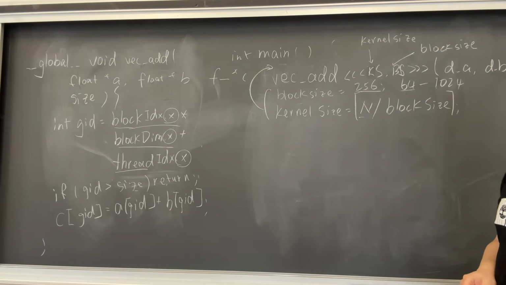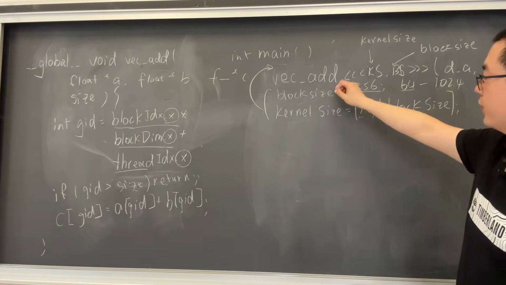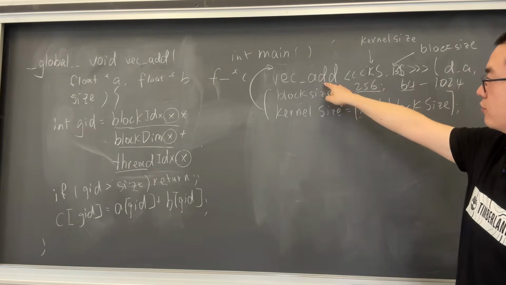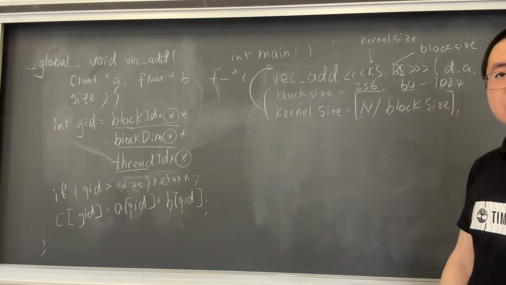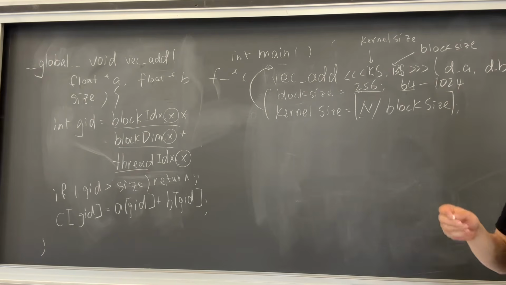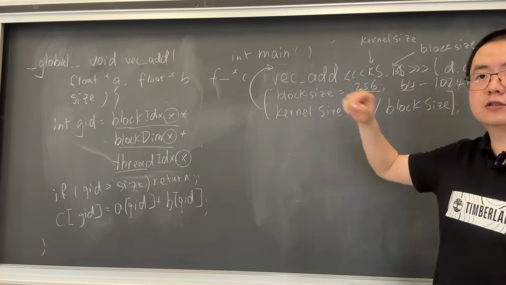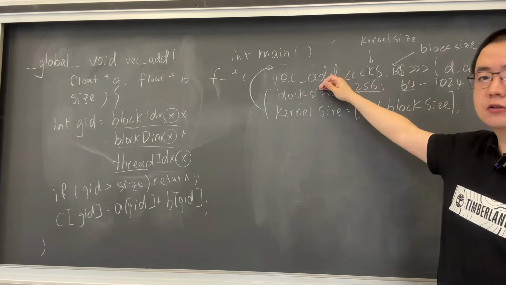Okay. Then at this point, we can return. We know we're running this program, and this program in CUDA definition is an asynchronous call. That means after calling this function, we immediately return without waiting for it to complete.